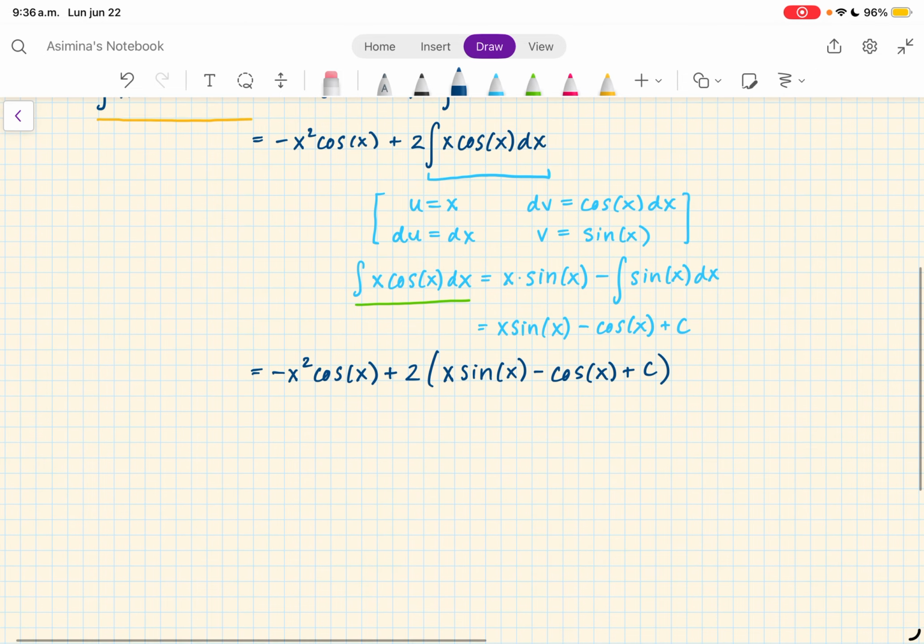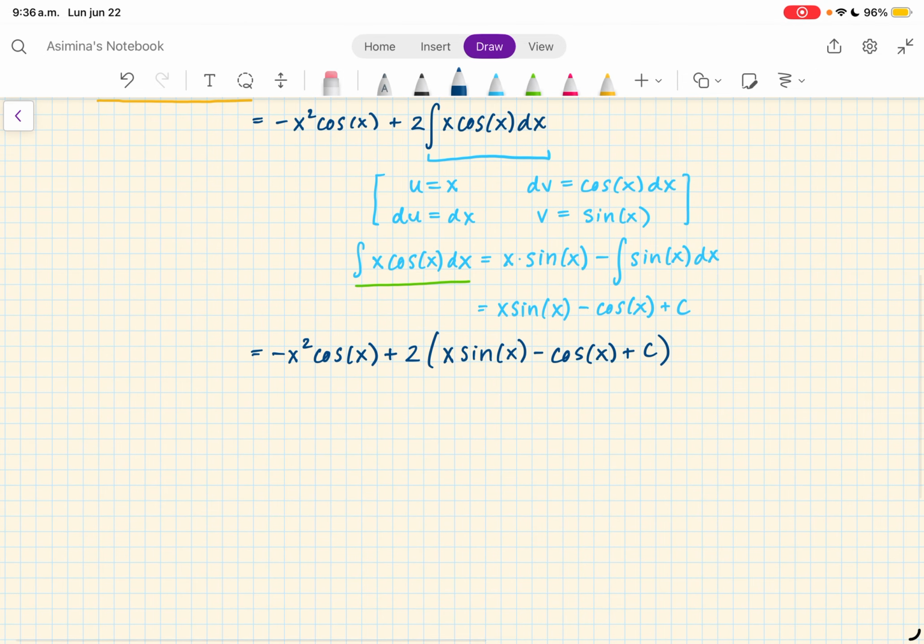Now let's do some factoring and simplify. So this is negative x squared cosine of x plus 2x sine of x minus 2 cosine of x plus c. So it would be 2 times c, but c is just any constant, so we can just absorb the 2 there.